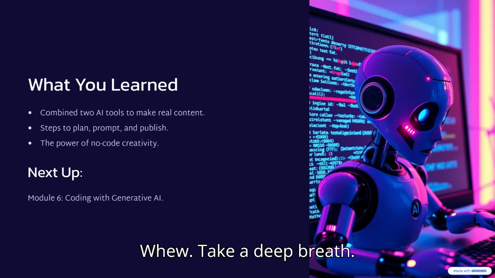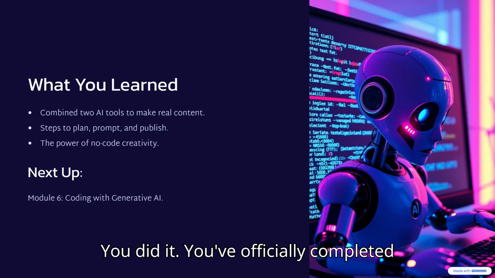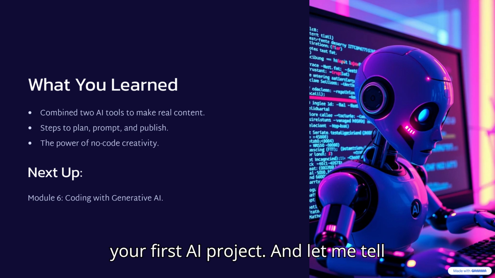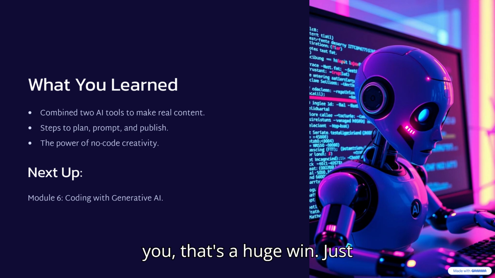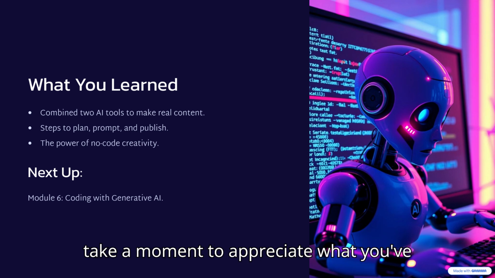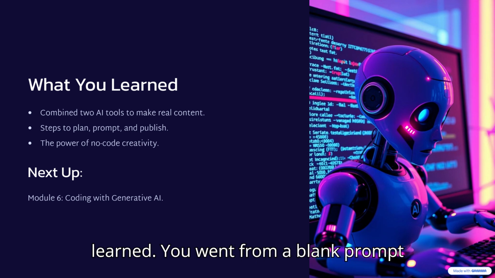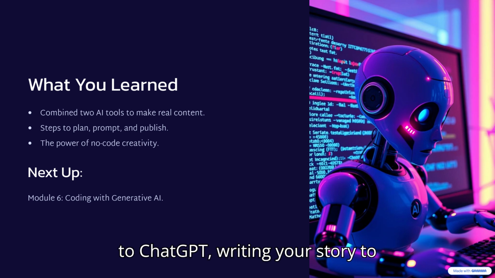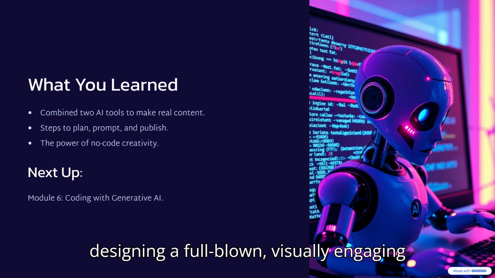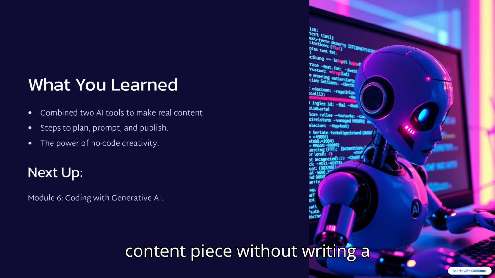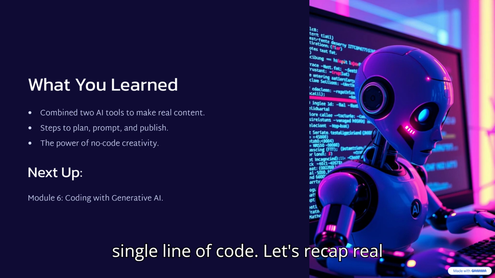Whew. Take a deep breath. You did it. You've officially completed your first AI project, and let me tell you, that's a huge win. Just take a moment to appreciate what you've learned. You went from a blank prompt to ChatGPT writing your story to designing a full-blown, visually engaging content piece without writing a single line of code.